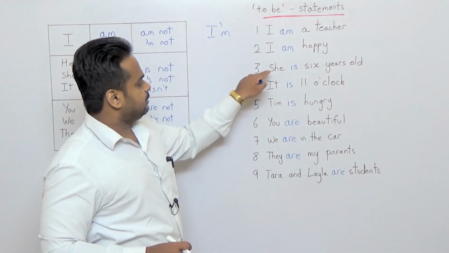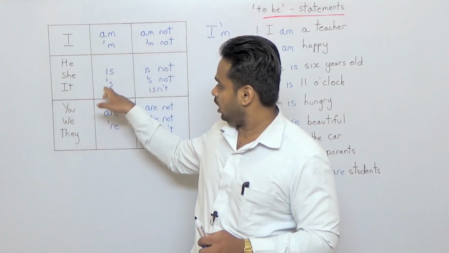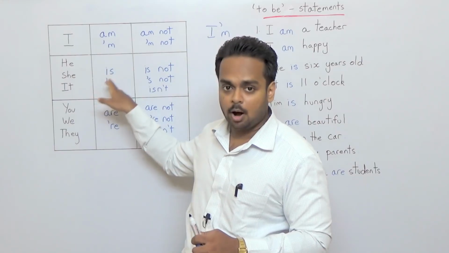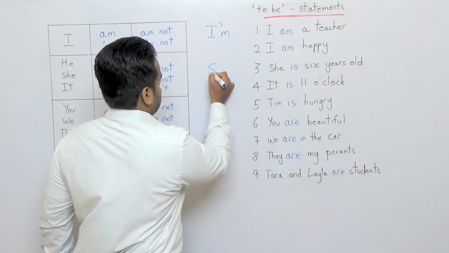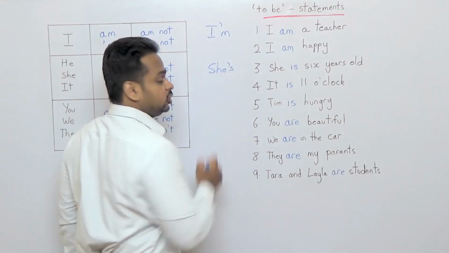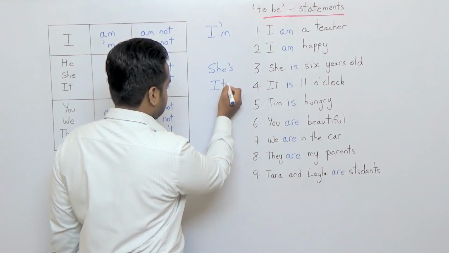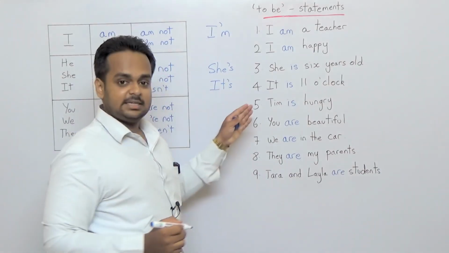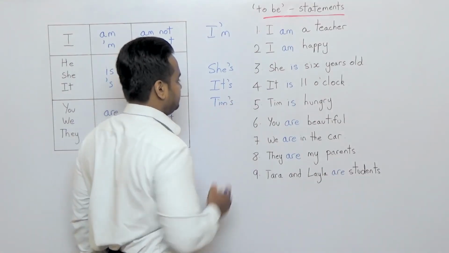In these examples, we simply take the subject and we use the short form apostrophe and S. That's called an apostrophe. Apostrophe S. So she is would be she's. It is, it's. Tim is, Tim's.